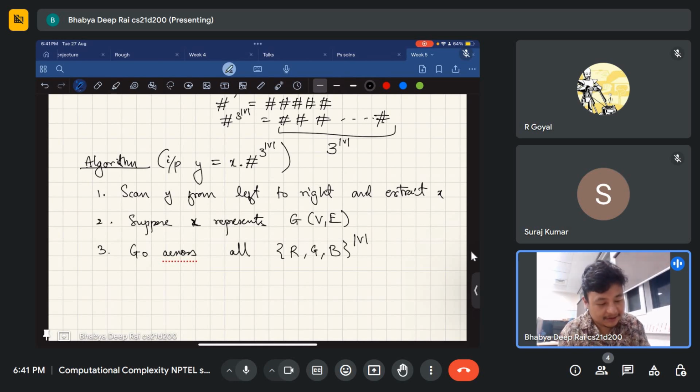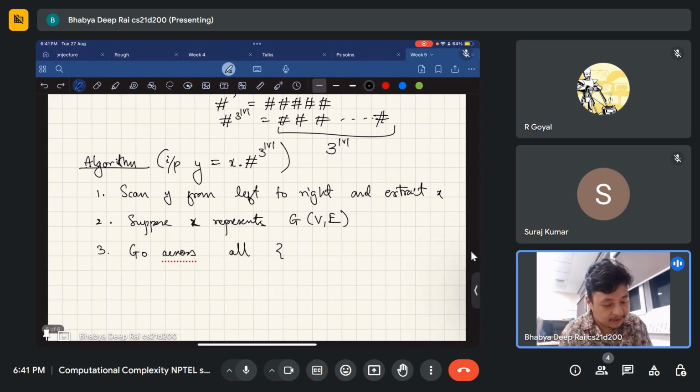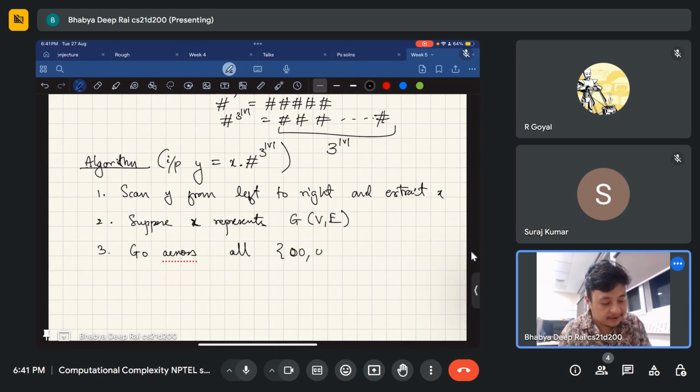Or in other words, go across all 0, 1 strings of length V. Go across all, let me call it gamma. And this represents red, this represents blue, this represents green.